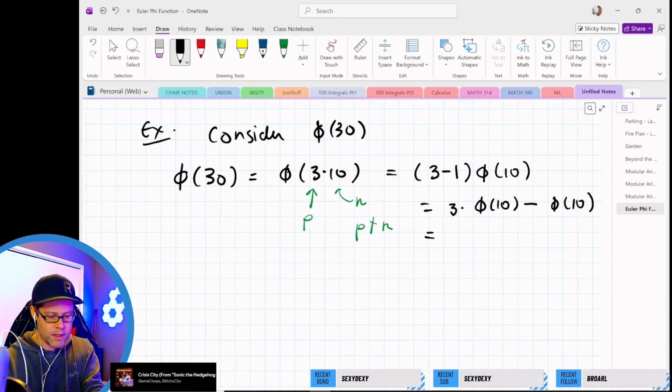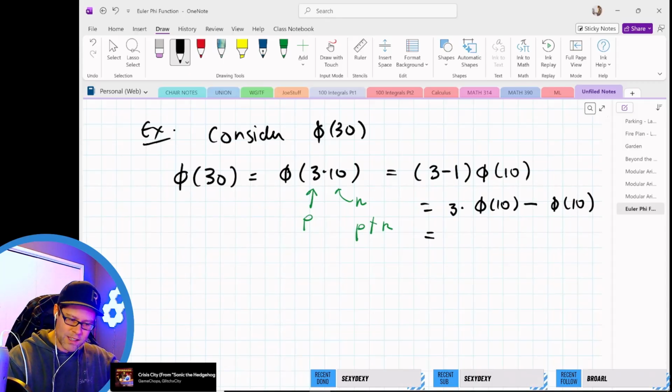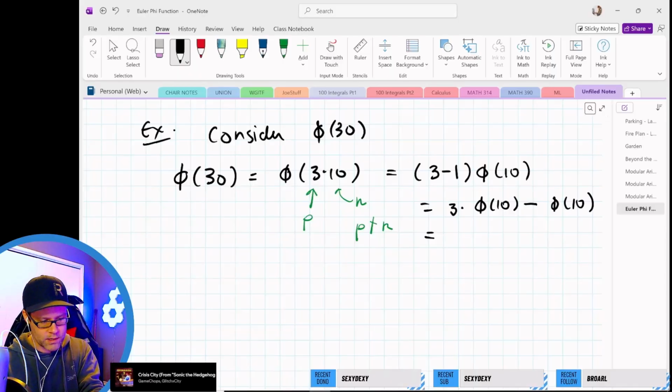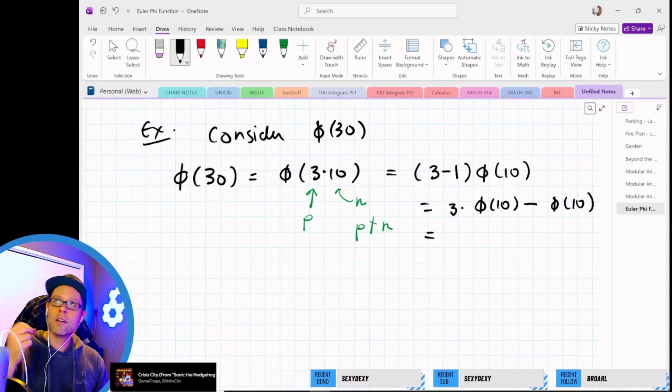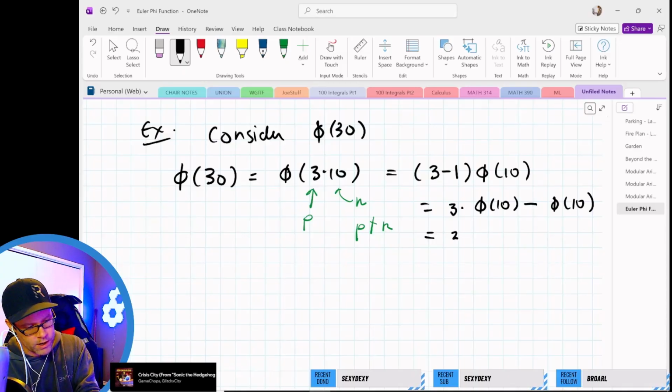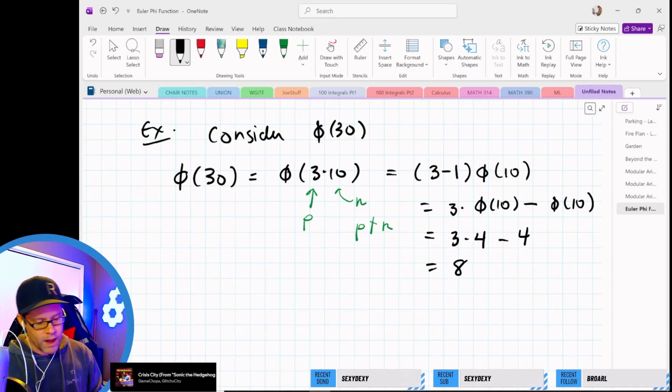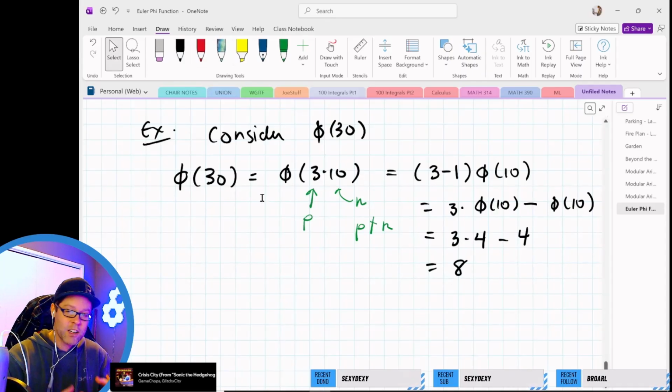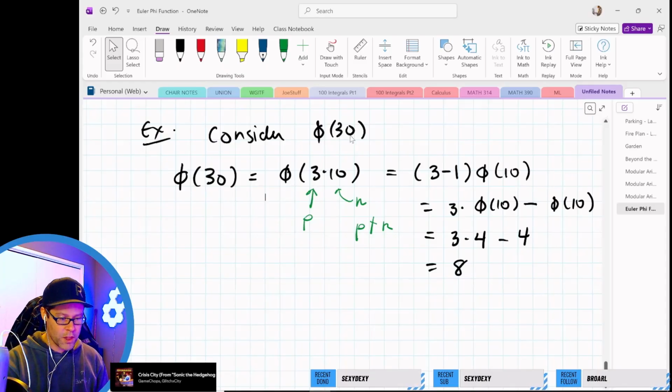I'm just going to write these numbers in and then simplify so we can see how the array model works with this example too. So just going to double check. 1, 2, 3, 4, 5, 6, 7, 8, and 9, right? So it should be 4. So we should get an array that's 3 times 4, and then we have to subtract 4 extras, so 12 take away 4. So our final answer should be, we should have 8 co-prime numbers with 30.